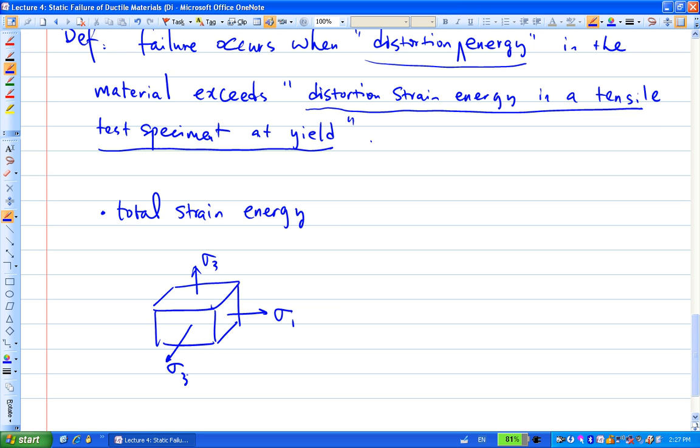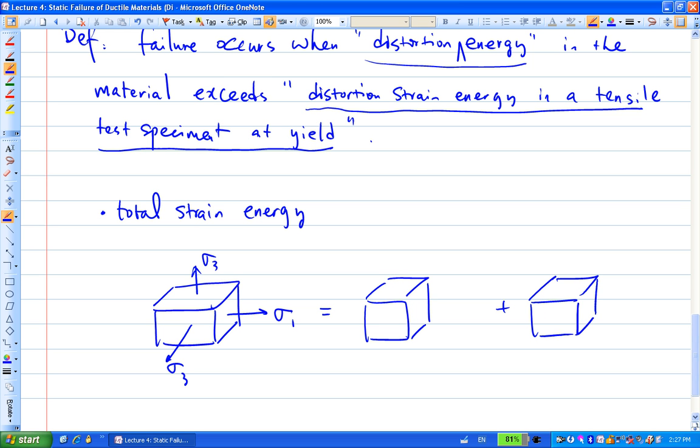For any general state of stress which produces three principal normal stresses, you can always resolve it into two parts.